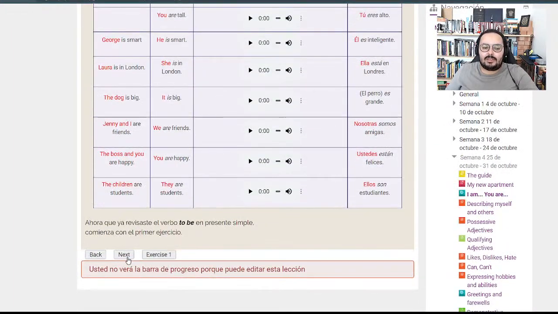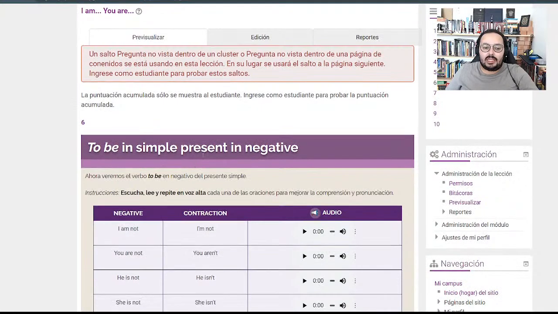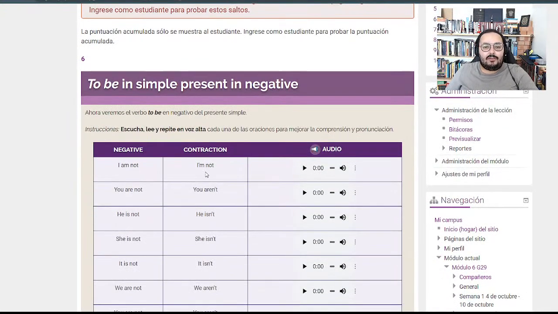But as I was telling you, in every structure in English, we have three forms: the affirmative, the one we already saw; the negative, the one we are going to review; and the question form, which is the interrogative form, and it is the one that follows the negative one. Okay?